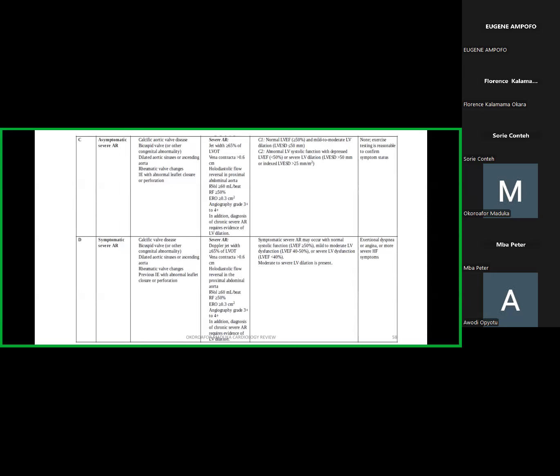They have values on echo, when you look at the parameters I talked about, that are suggestive of severe aortic regurgitation, and they will have symptoms ranging from exertional dyspnea to angina, and the ejection fraction could be reduced, or it could be in the mid-range region.